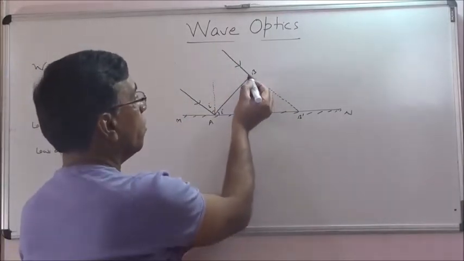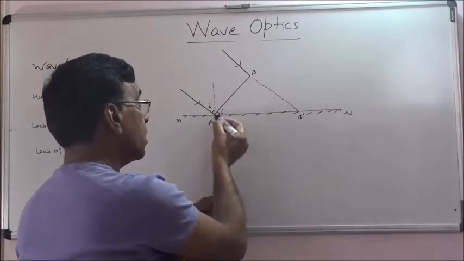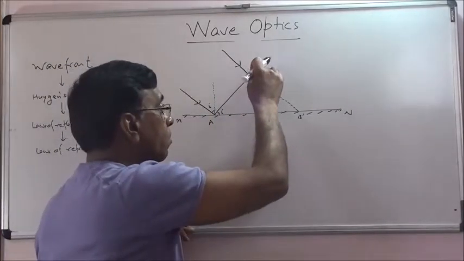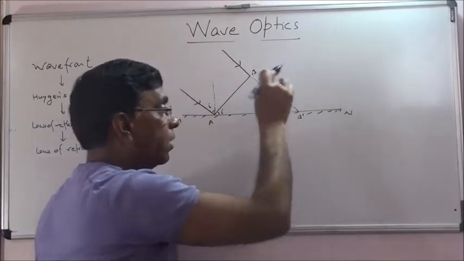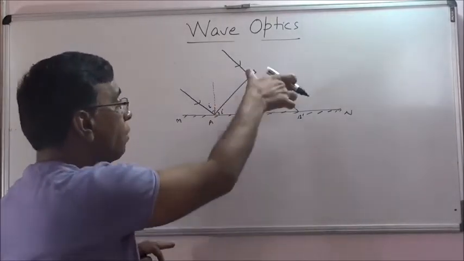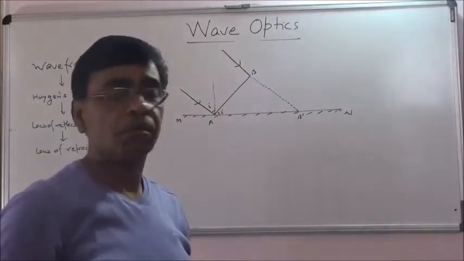The secondary wavelet from here will move in this direction, from here also, but the secondary wavelet from A will move up. By the time the secondary wavelet from B reaches B dash, the secondary wavelet from A will cover equal distance in the upward direction. Equal distance because it is the same medium.